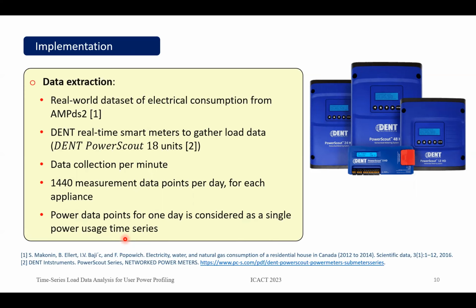This is a publicly available dataset of electrical consumption. The measurement was done over a long duration of 2 years in Vancouver, Canada, and all data were extracted from different electrical devices like TV, refrigerator, dishwasher, cooker, by smart meters.